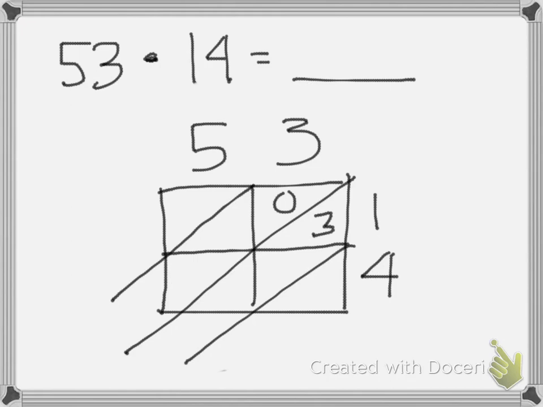You need to have, even if it's a 0 in the 10s, and this is the 10s alleyway, even if you have a 0 in the 10s, you need to write it. Now, 1 times 5. Same thing. Write that 0 in the 10s. You need a number in every single triangle that is on this lattice board.